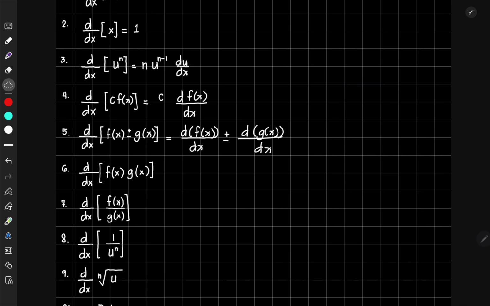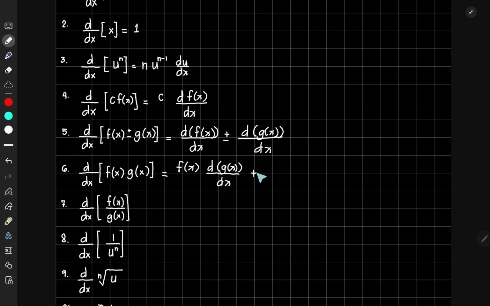So, next, we have product rule natin. So, we have f of x times g of x. So, getting the derivative of the product of these two, that would be, copy natin yung f of x, kung ano yung function of x of that. Pero we have to get the derivative of g of x with respect to x.